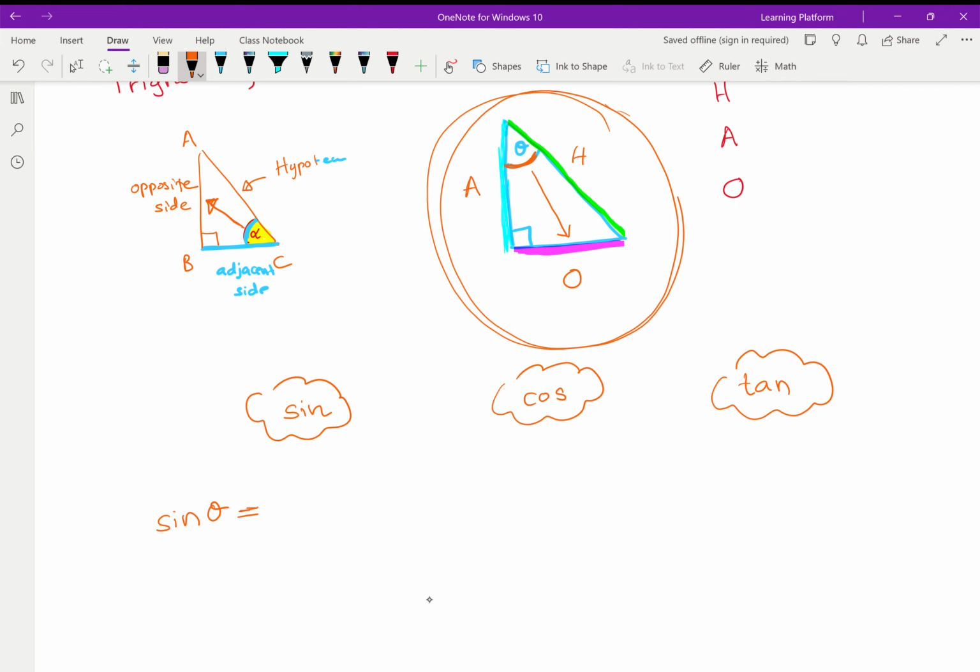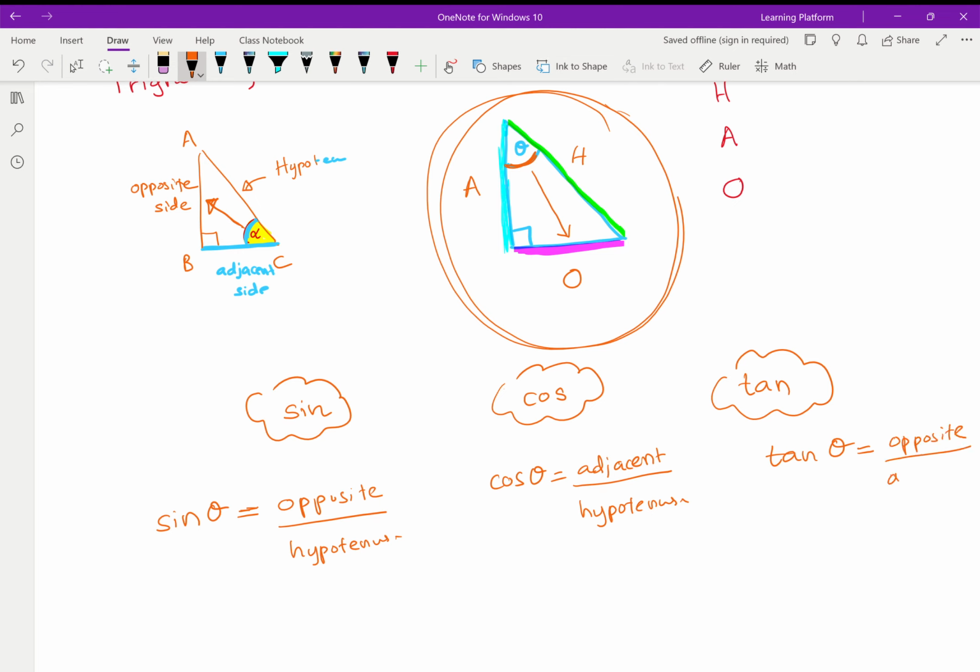Sine theta is the opposite side over hypotenuse. Cos theta is, you have to memorize this. Cos theta is adjacent side over hypotenuse. Tan theta is opposite side over adjacent side.